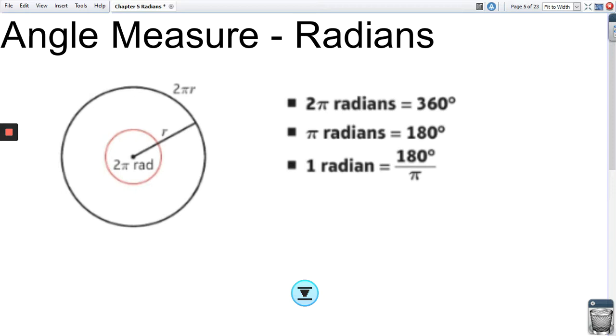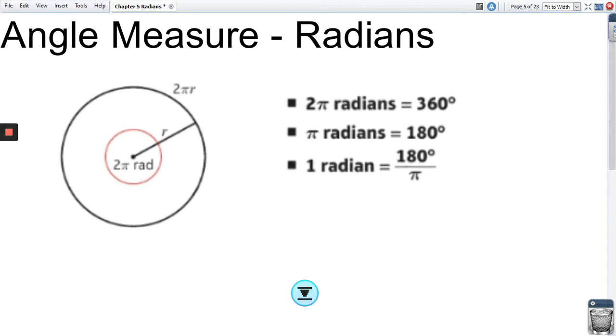So here, if we want to convert between radians and degrees, we take the number of radians and multiply by 180 over pi. So let's have a go at a couple of examples where we convert between radians and degrees.